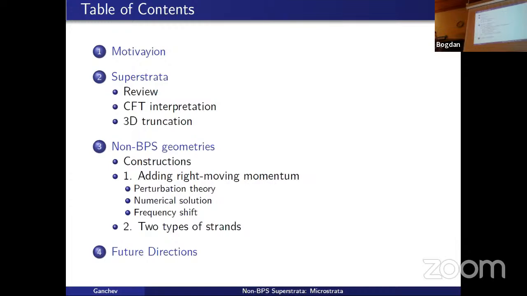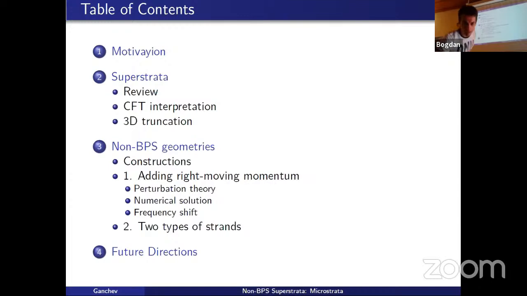In particular, there are two main constructions that we have attempted. The first one, on which the papers that you saw on the previous slide are all based, and what we're currently trying to achieve, but nothing has been published on that yet. And then I will finish by discussing some possible future directions, which gets me excited.